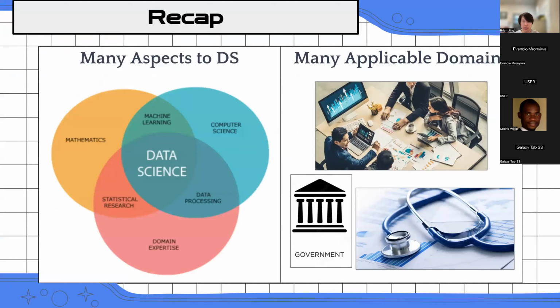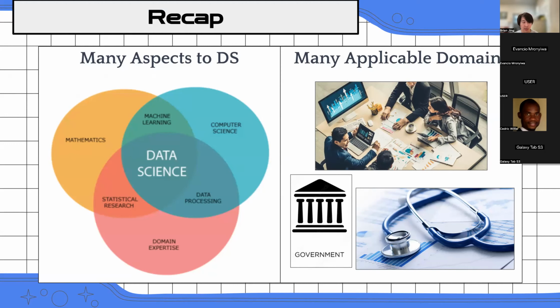As a brief recap, last time we studied an introduction to data science, and we studied two parts about it. Number one, we studied the many aspects of data science. In data science, you have mathematics, computer science, and domain expertise. Domain expertise, if you don't remember, is basically your knowledge in a certain field that you want to apply data science to.